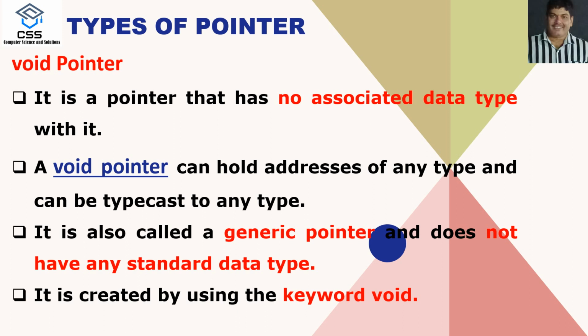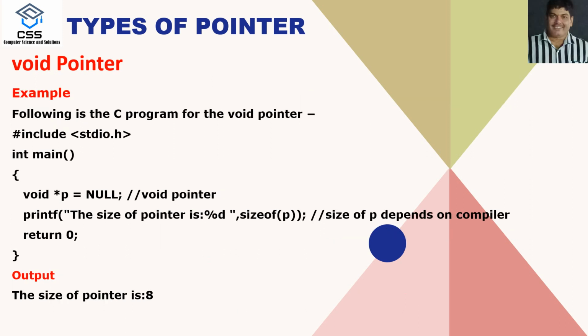Again I am repeating, if a pointer is declared with void, it can be associated with any type of data type, means it can hold the address of any data type, not a specific data type, as void is a keyword.